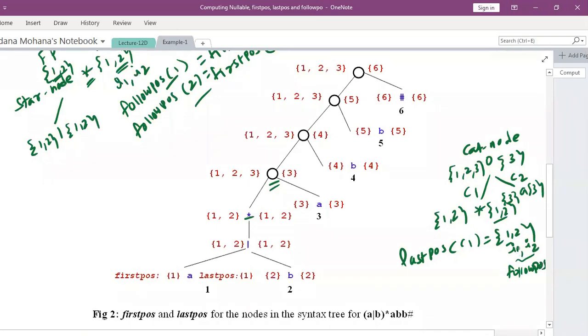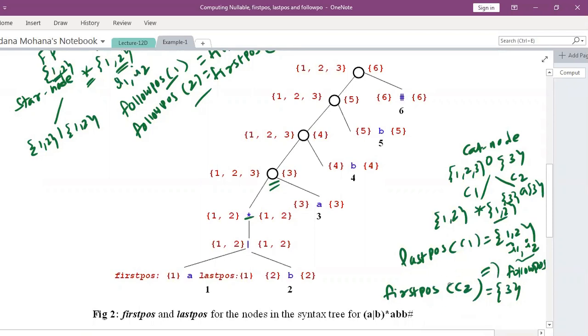It can be calculated as, first here we'll find the first position of child 2. First position of C2 is 3. This value is in follow position of I1 and I2.